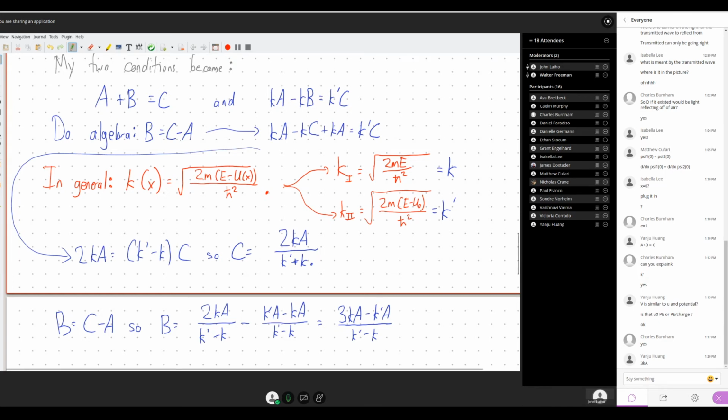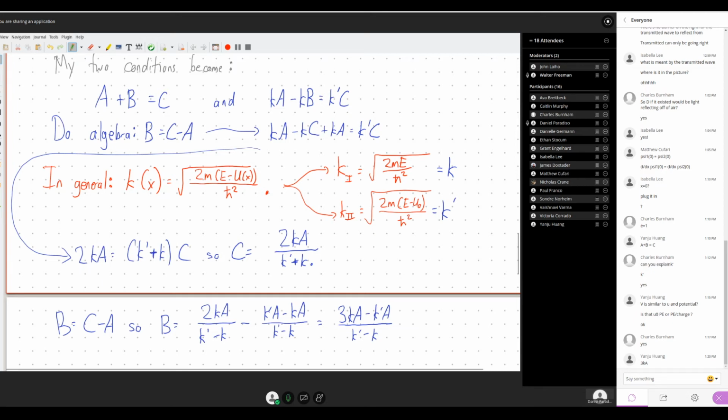So then in the next thing, let me figure out where this is. So I have put in C minus A. So that next line is right. And then going down to the bottom. Yep, you're right. That's the minus sign that I dropped.